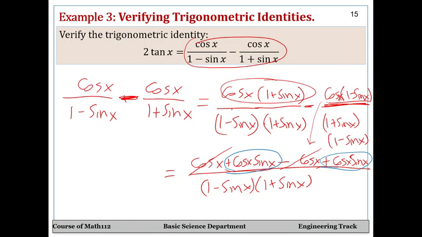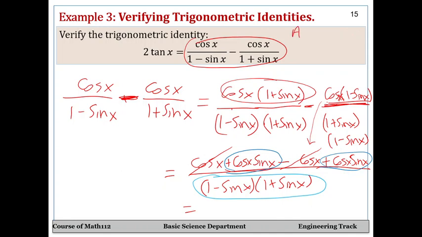Before proceeding, I want to do something about this part here. What is this equal to? Any idea? So I want to remind you, if you have something like 1 minus a times 1 plus a, how can you do it? Do you remember such a product?